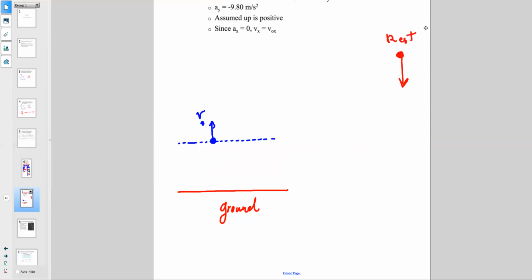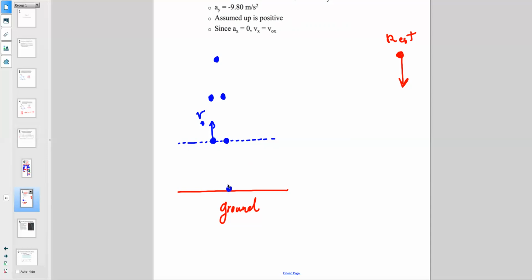Everything that has a vertical component of motion could be free fall, as long as it's only affected by gravity. So now this ball will go up to the maximum point, and then it'll fall back down, and it'll hit the ground.